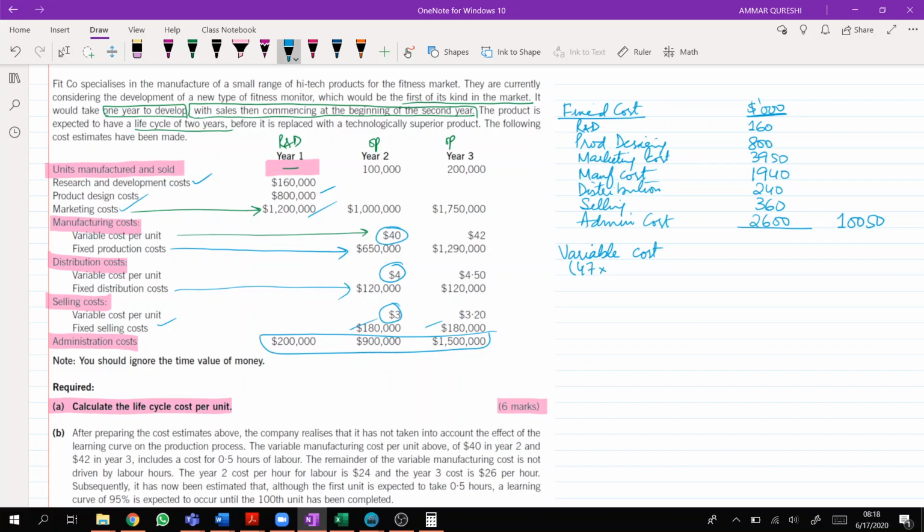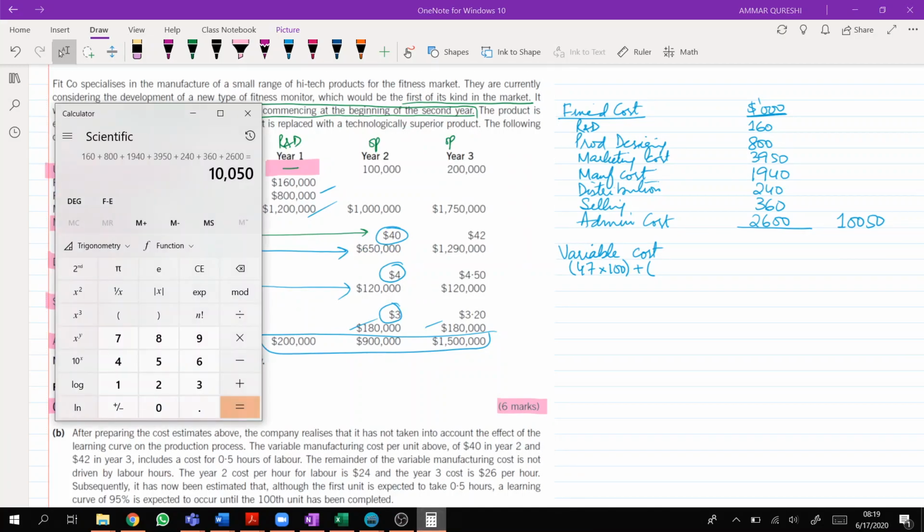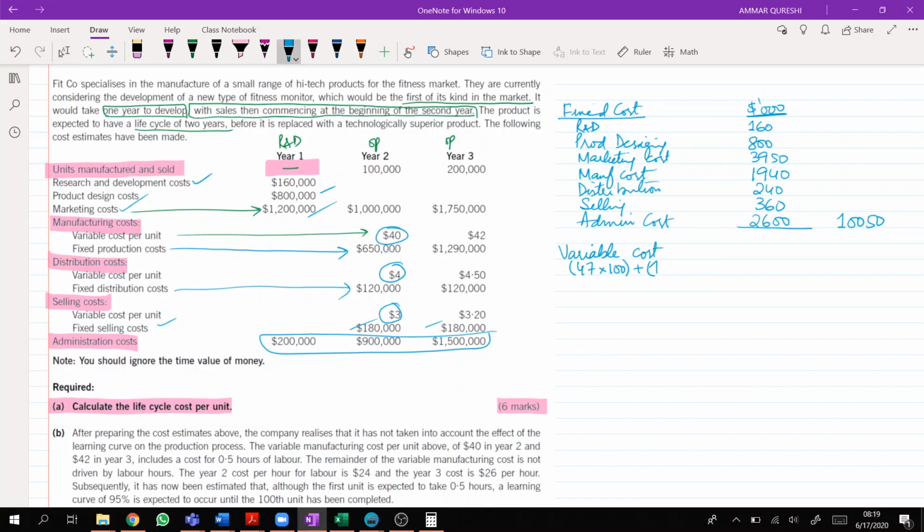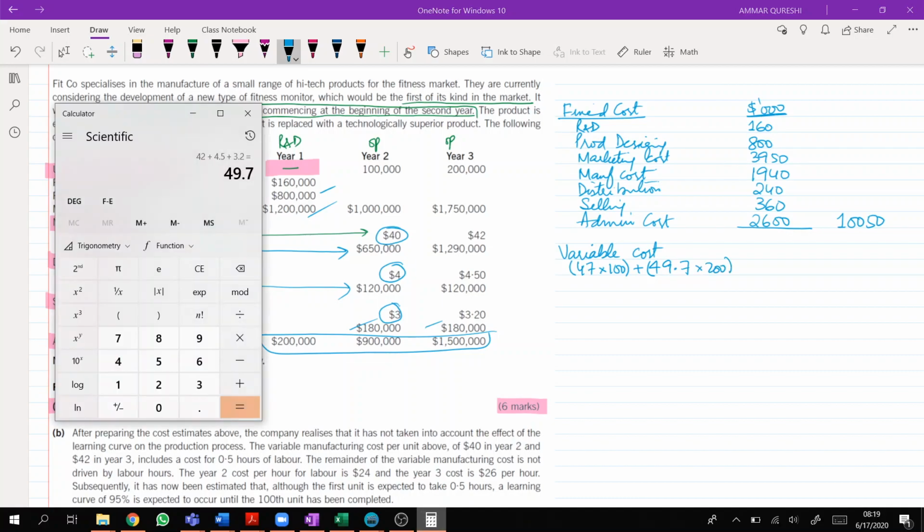So 47 multiplied by 100, plus 42 plus 4.5 plus 3.2, is 49.7. So 49.7 multiplied by 200,000, so 49.7 multiplied by 200 is 9940.